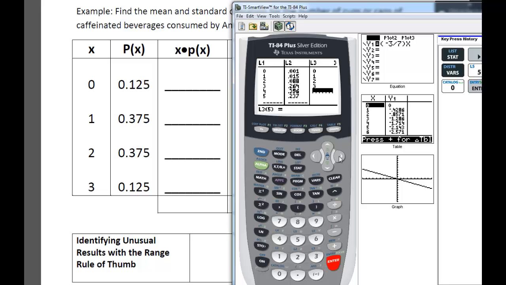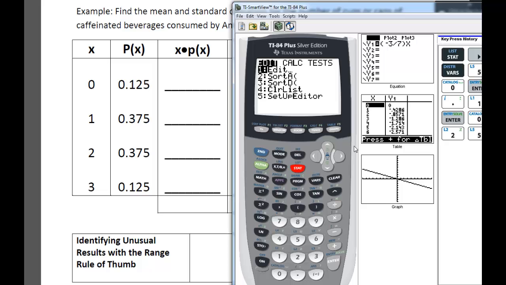And for P of x, I put my P of x values in L4. Everybody okay with that? And so to get the mean and standard deviation, I'm going to go to stat. Go over to calc. I've got one variable stats. This time I'm going to say L3, comma, L4.